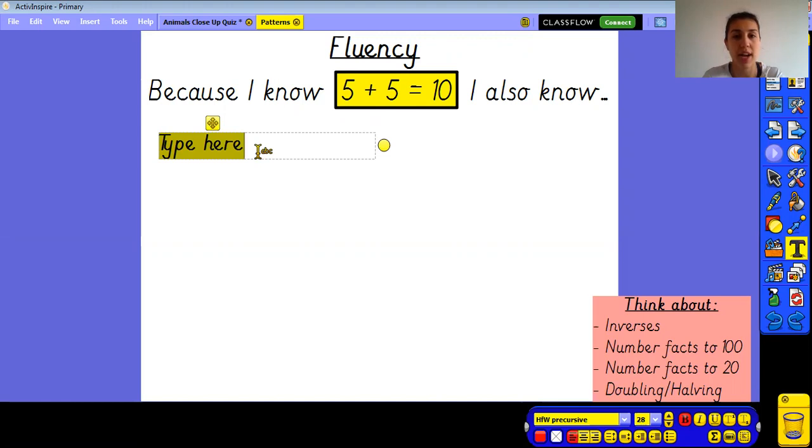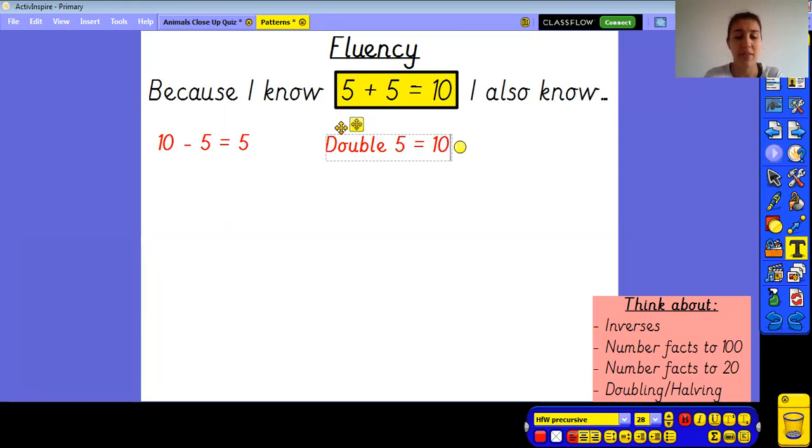When I do a subtraction, I need to start with my whole, my biggest number. So I need to do 10, subtract one of my parts, 5, equals my other part, which is also 5. Like we said, we know that our addends are the same. So I could say that I know that double 5 is equal to 10. And also the inverse of that, I know that half of 10 is equal to 5.